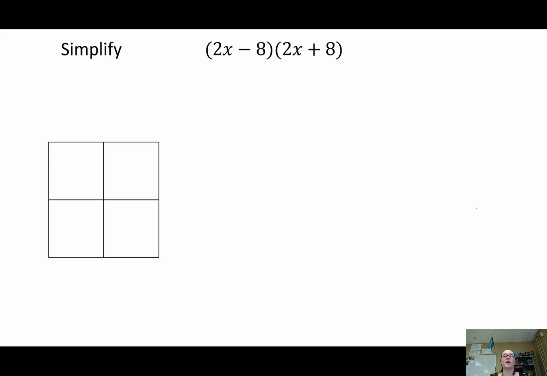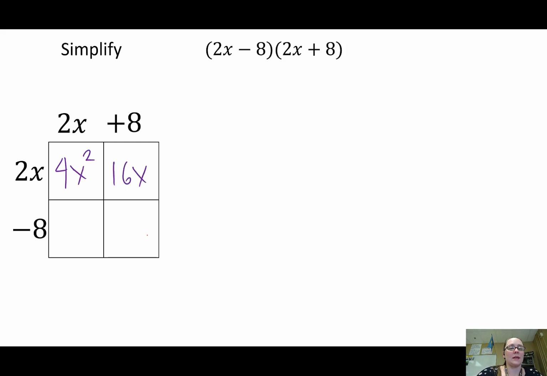All right, one last special case to talk about. And you'll see kind of why this is a special case here in a minute. So setting it up for the box method, 2x minus 8 on the side, 2x plus 8 on the top. So 2x times 2x gives me 4x squared. 2x times 8 gives me 16x.